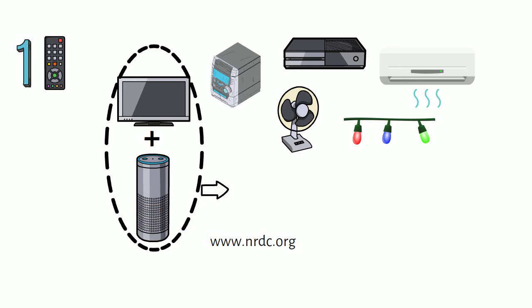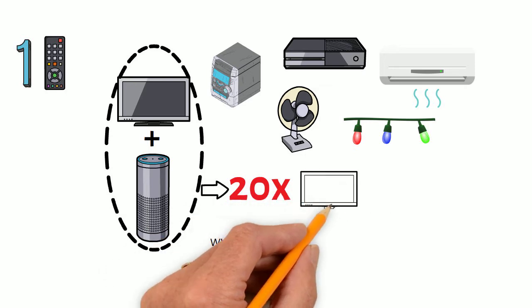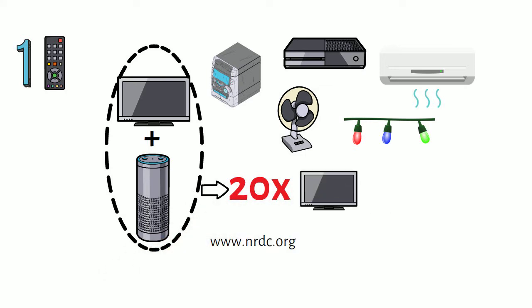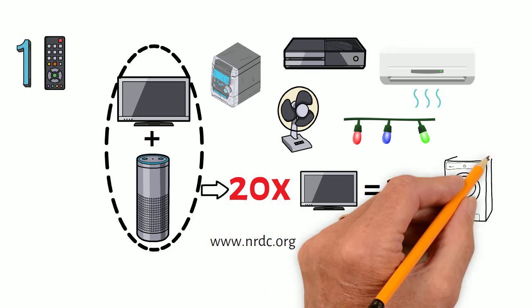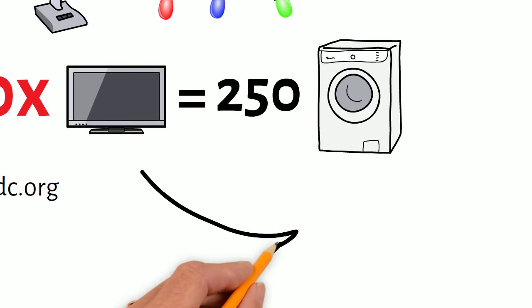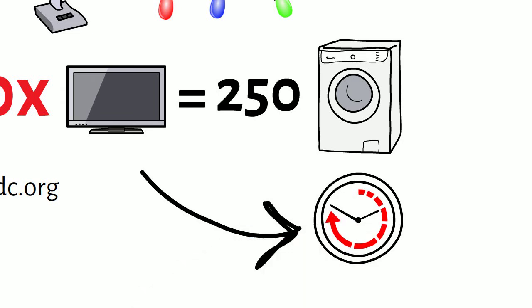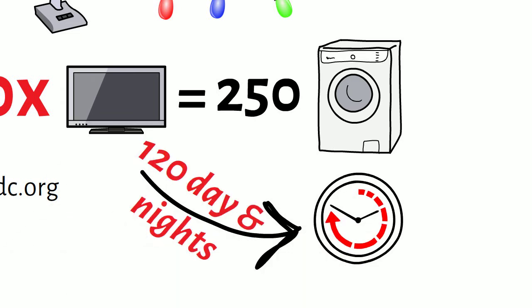In other words, you consume the standby power of 20 TVs when using voice control. This would equal 250 washing machines per year, or watching TV for 120 days and nights straight.